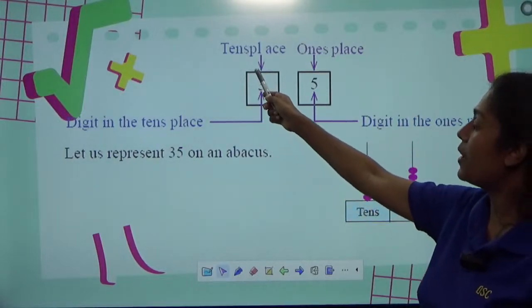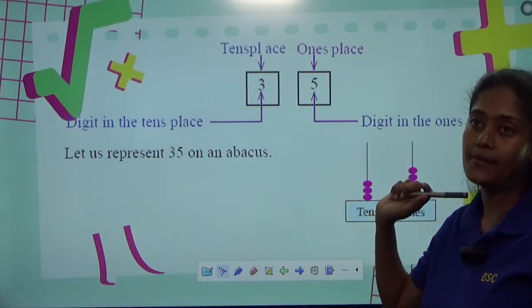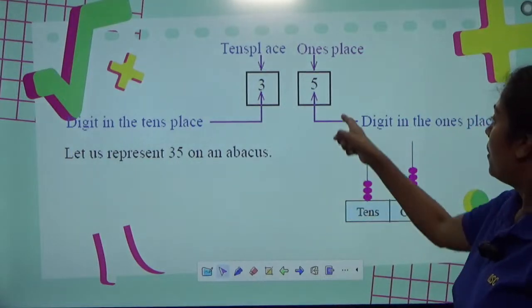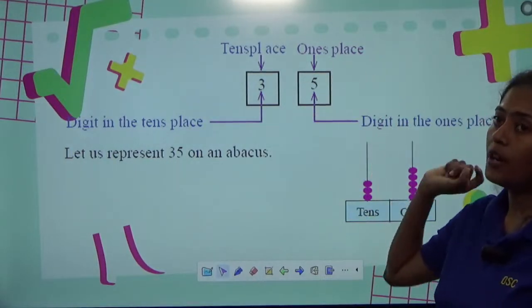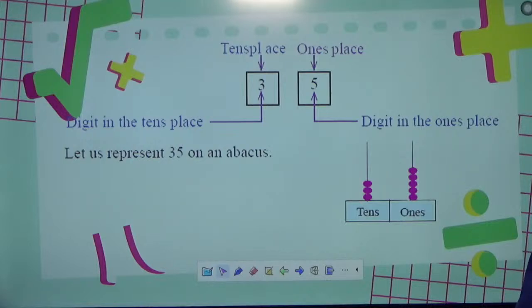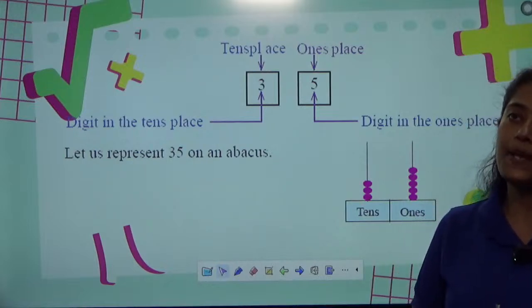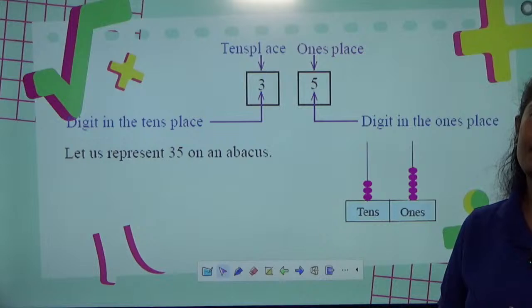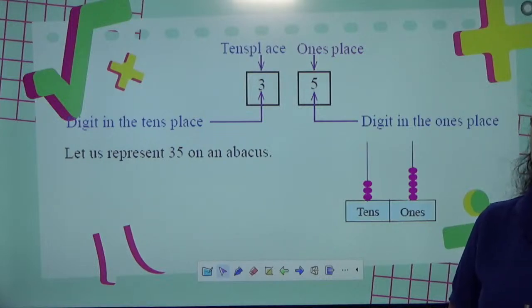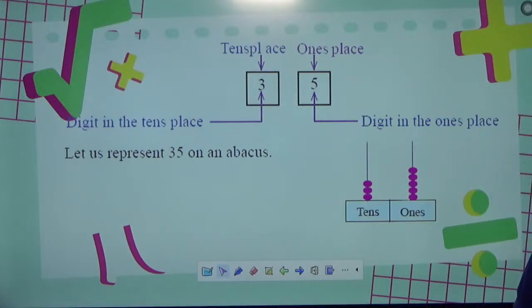Then the next one is the tens place. Now what can you say about 5? 5 is the digit in the ones place. Then you can tell me now, what is the digit in the tens place? 3. Yes, the digit in the tens place is 3.